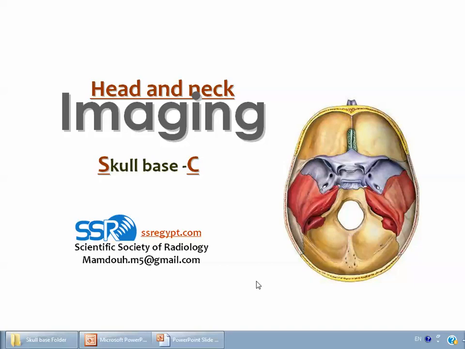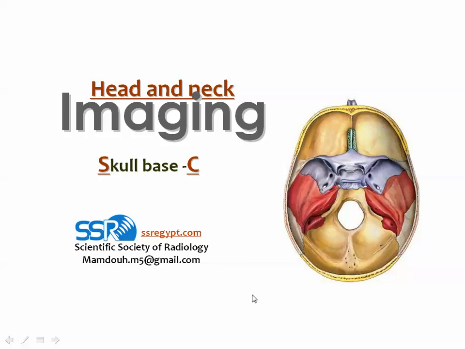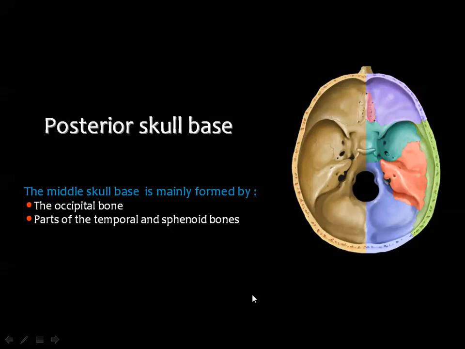Now we will discuss the last part of the skull base imaging, and this will deal with the posterior skull base. The posterior skull base is formed by the occipital bone, which is here in blue color, as well as the posterior part of the temporal bone, the petrous bone, and a small part of the sphenoid bone.